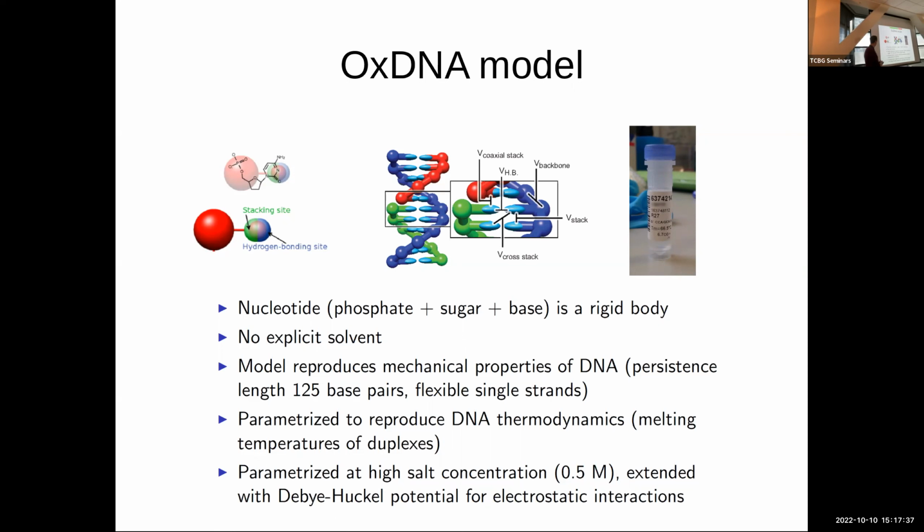Again, we took duplex melting experiments done at different salt concentrations, and we parameterized the effective backbone charge as a function of salt concentration to reproduce the melting temperature seen in these experimental data. It is reasonably okay down to 0.2 molar. I wouldn't trust the model's representation of statistics below this number.